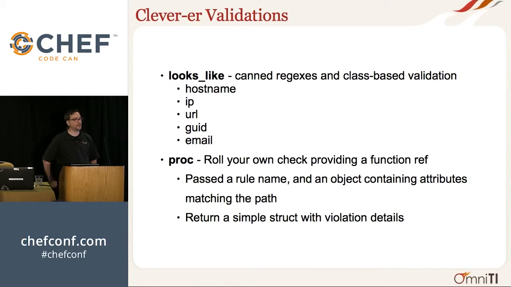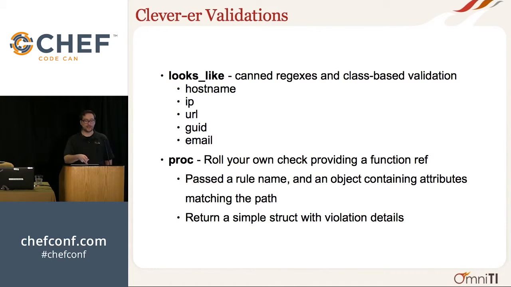So these are all canned things. You can say it looks like a host name or it looks like a URL. These either apply regexes, which are a pain in the butt to remember, or else they call out to things like the URI library to see if it can build that. Proc, though, is the Swiss Army knife. Proc lets you write a proc, anything you want.